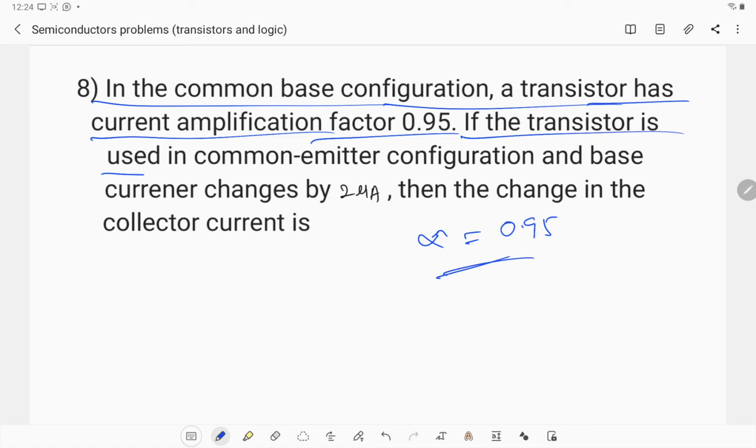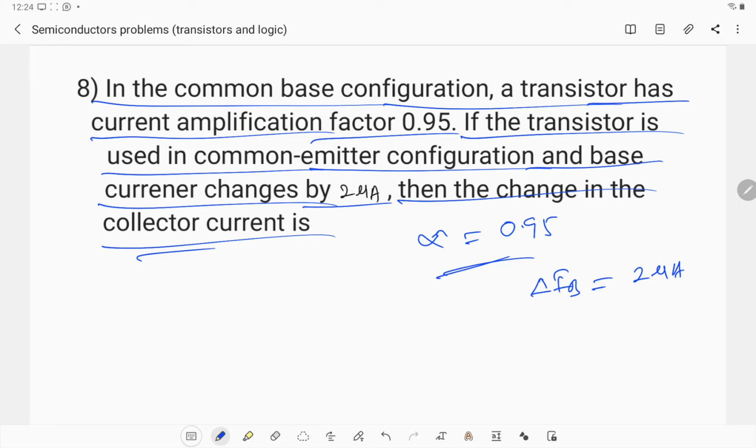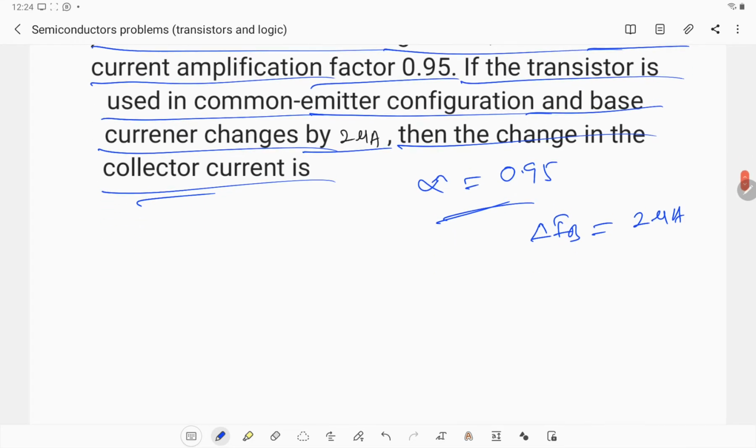If the transistor is used in common emitter configuration and the base current changes by 2 microamperes, then find the change in collector current. See here, beta is equal to delta IC by delta IB. Delta IB is given, so I have to find delta IC, and for that I have to find beta.